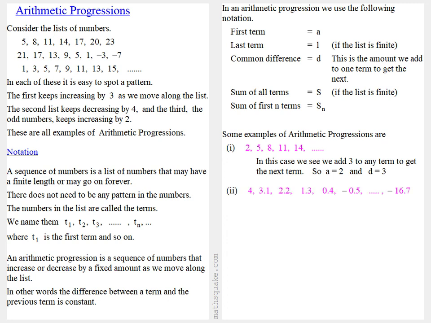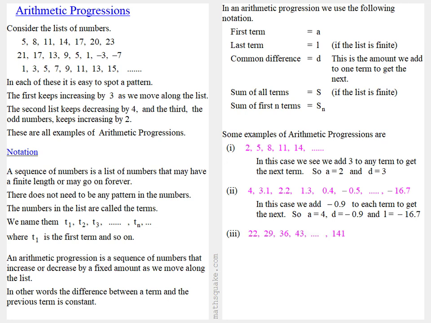In the second example, we've got the sequence 4, 3.1, 2.2, 1.3, 0.4, -0.5, and so on, and it stops at -16.7. In this case we can see that we add -0.9 to each term to get the next. So this is an arithmetic progression with A equal to 4, D equal to -0.9, and L, the last term, equal to -16.7.